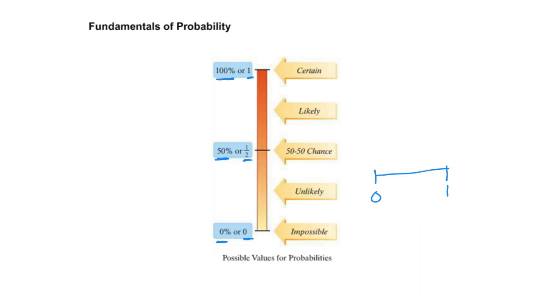All right, so the definition of probability is the likelihood that an event will occur under a set of given conditions.